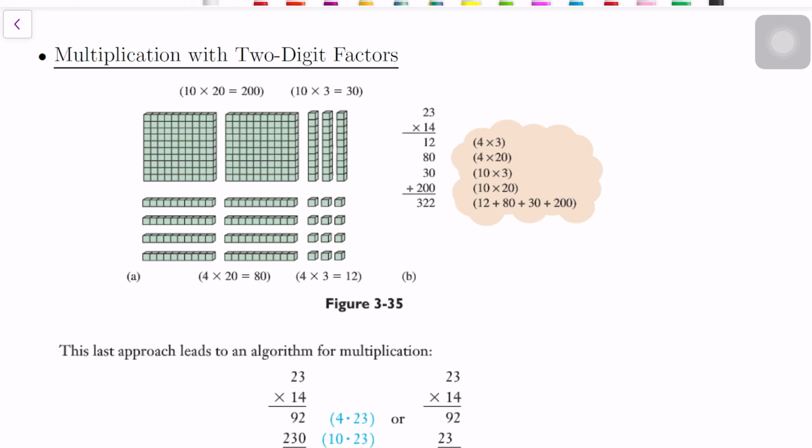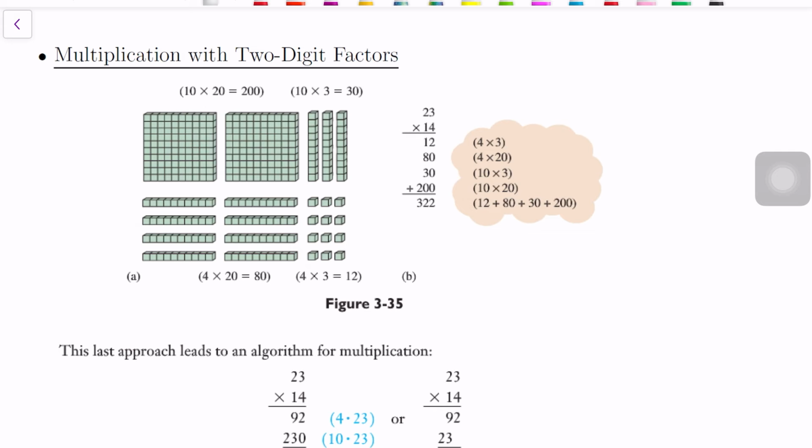And if you look at, say we want to multiply 23 times 14. So first I line up 23 horizontally, 2 longs and 3 units. Okay, so that's the beginning. Once I'm done with that, I'm going to focus on multiplying 4 times 3 and 4 times 20. And then I'm going to multiply 10 times 3 and 10 times 20, because 14 consists of 10 and 4, right?